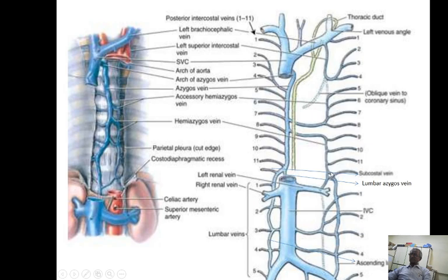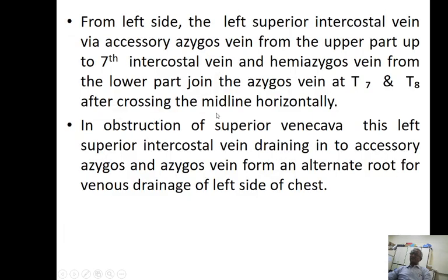Here it's the same thing. This part is the hemiazygos. Now from the left side, the left superior intercostal vein, via the accessory azygos vein from the upper part, up to the seventh intercostal veins, and the hemiazygos vein from the lower part, join the azygos vein at T7 and T8 after crossing the midline horizontally.